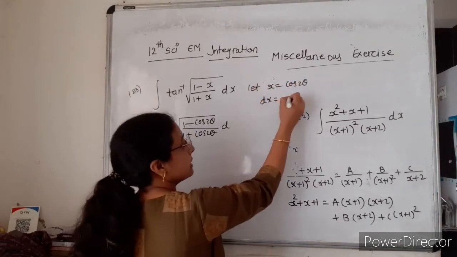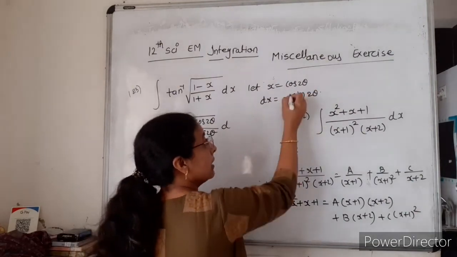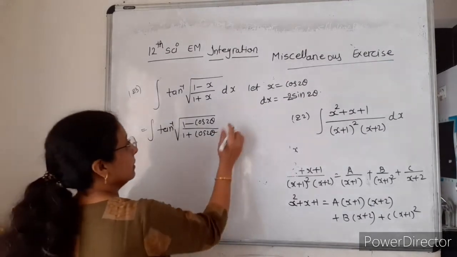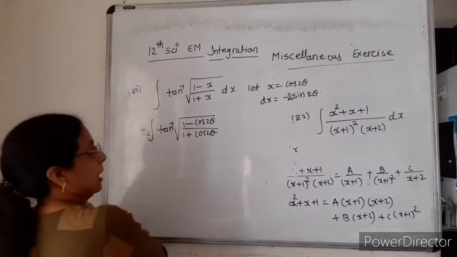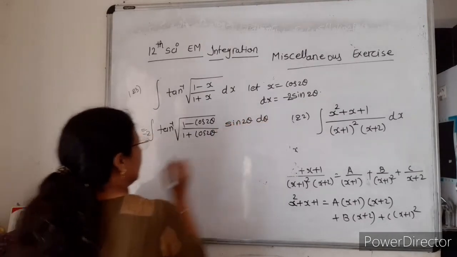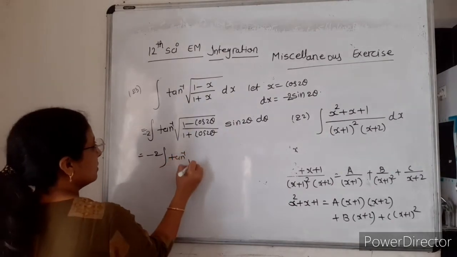So dx is equal to the derivative of cos, minus sin 2 theta into 2, right? So here is minus 2 will take outside, sin 2 theta d theta, that is minus 2 tan inverse.